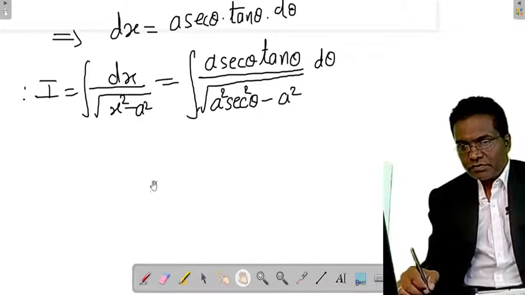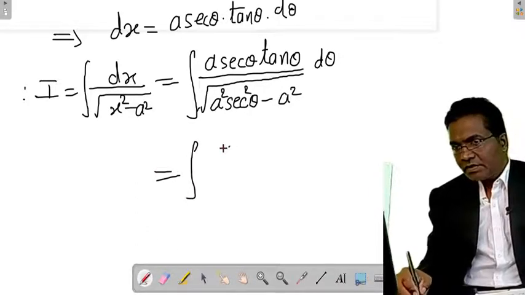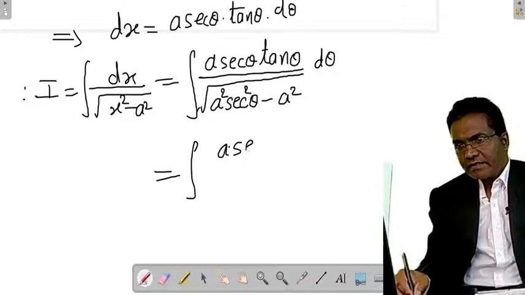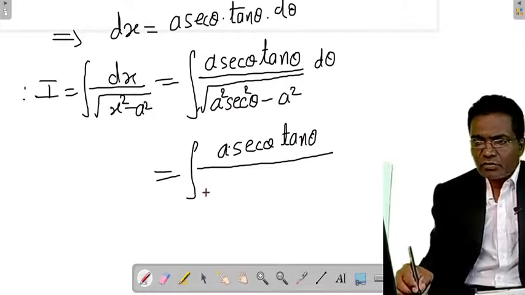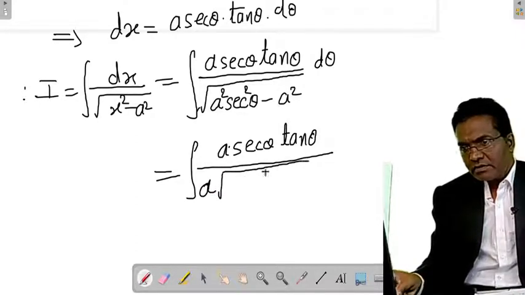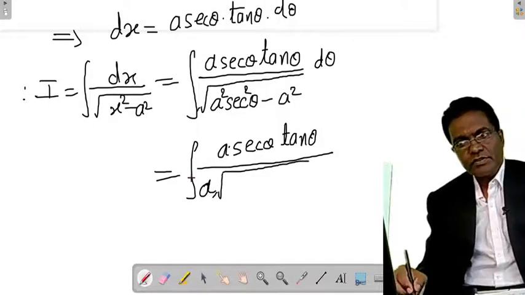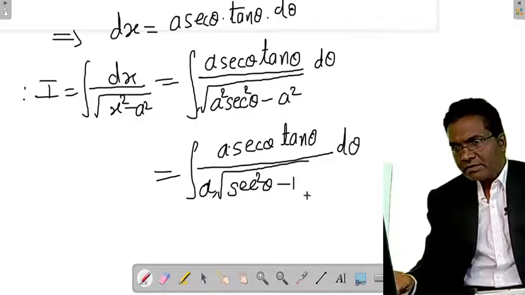So simplify this. a sec theta tan theta whole divided by, if you take a square common and outside the root, you will get a. Inside you will get secant square theta minus 1 d theta.